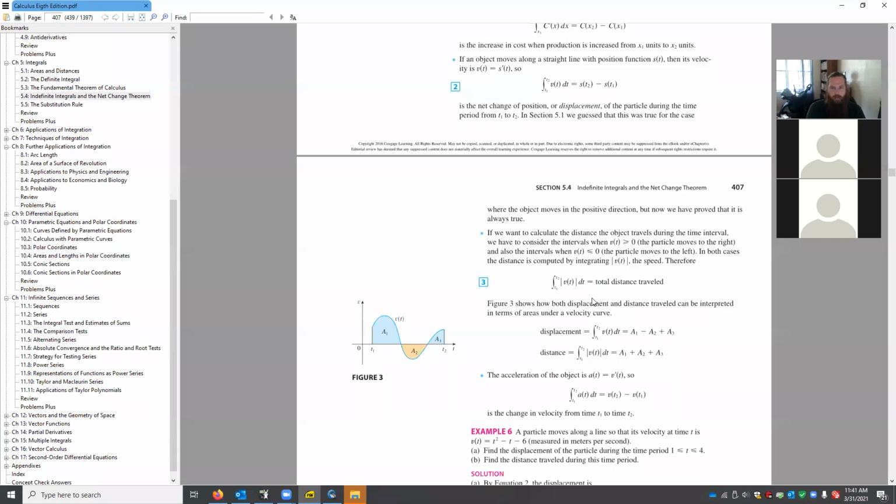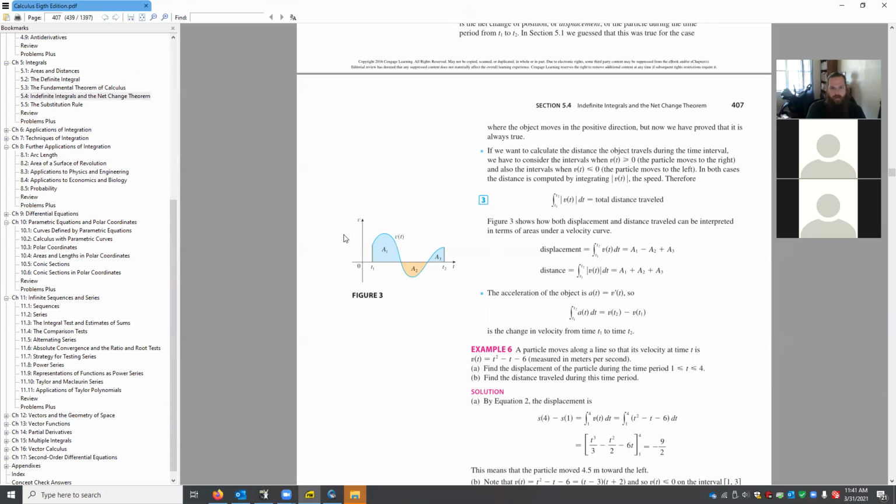And then on Friday, we're going to look at a handful of problems coming from this section. There are a few fun things that we can talk about while we're here. So the difference between displacement and distance, especially in these kinematics problems, is fascinating. We know that the integral measures signed area normally.